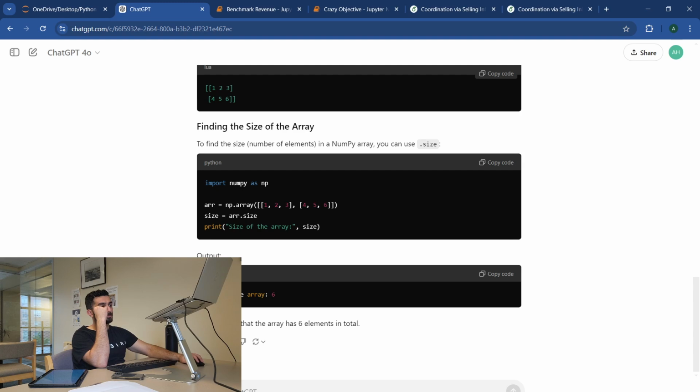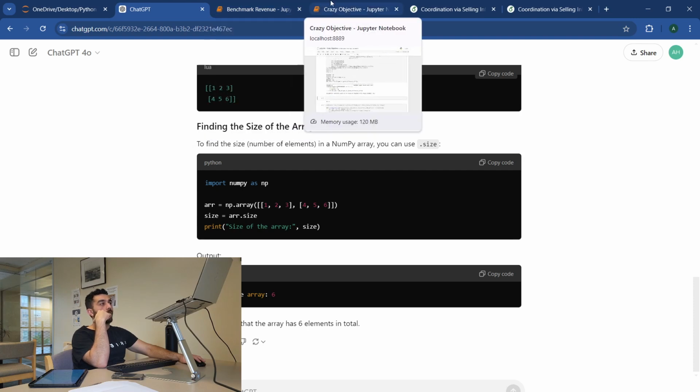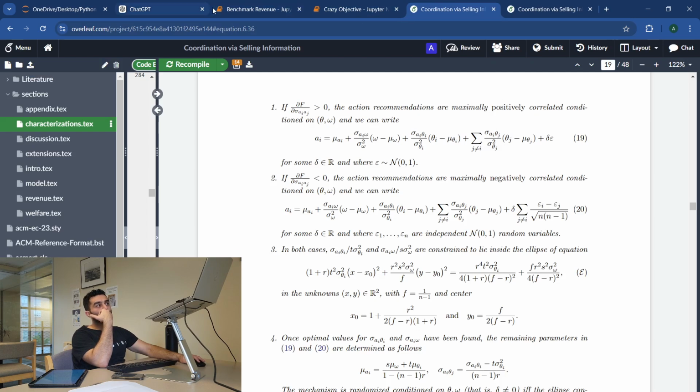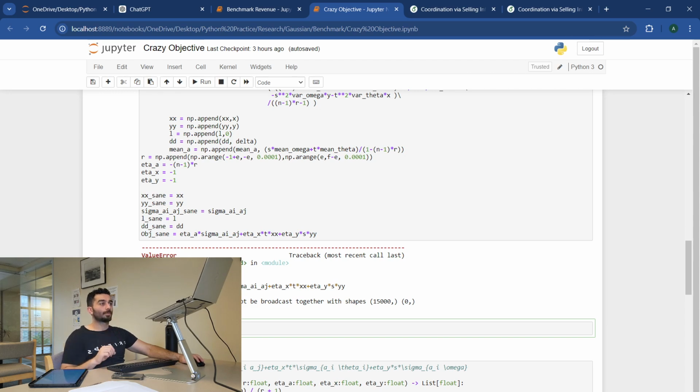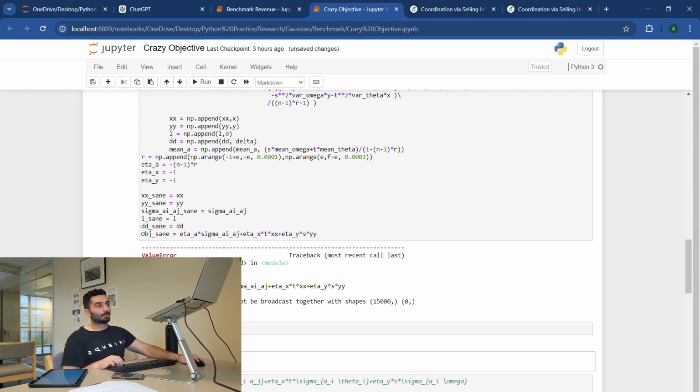Arc that size. That's 1500. The same. Why is it 0?